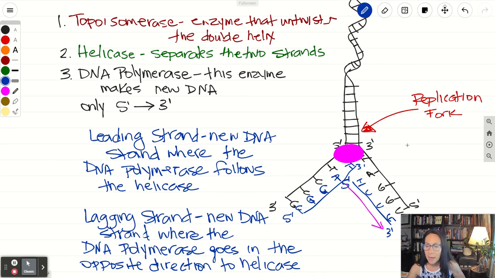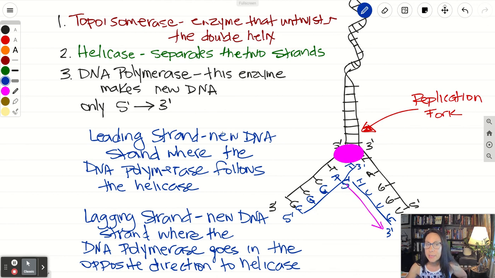So what happens is this DNA polymerase on the lagging strand is going to start right here where the replication fork is and move down. Once it moves down here, it then has to wait for this part of the DNA to open up.